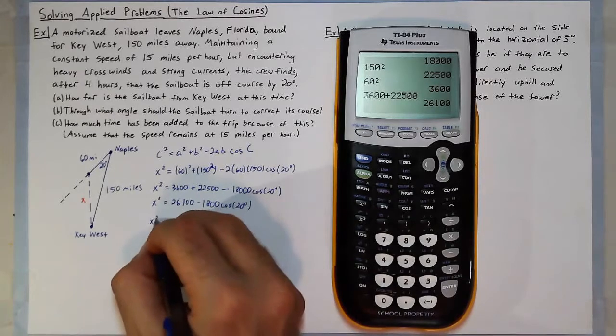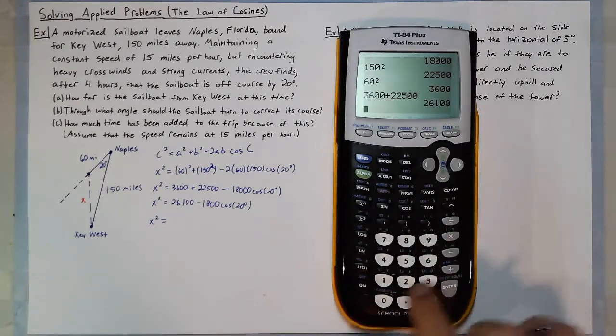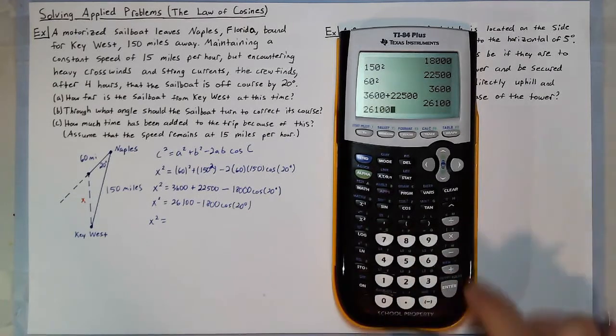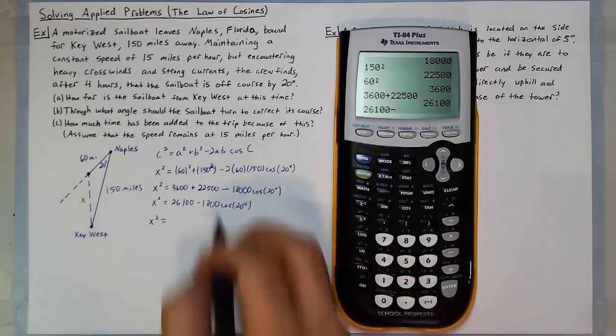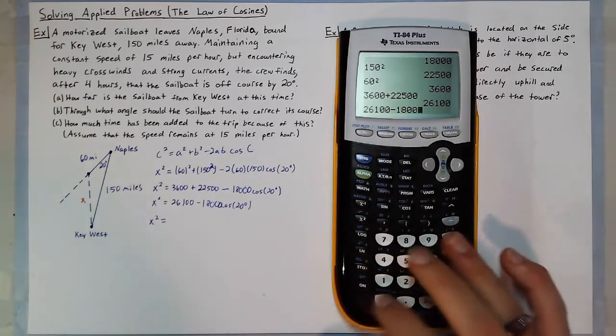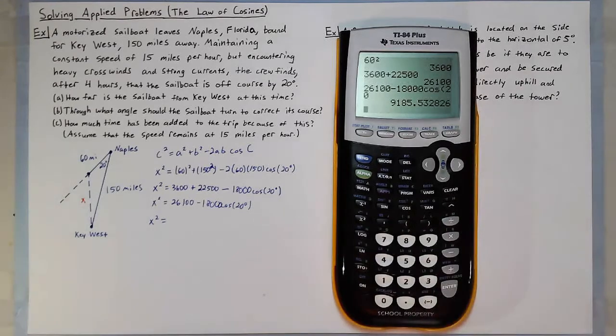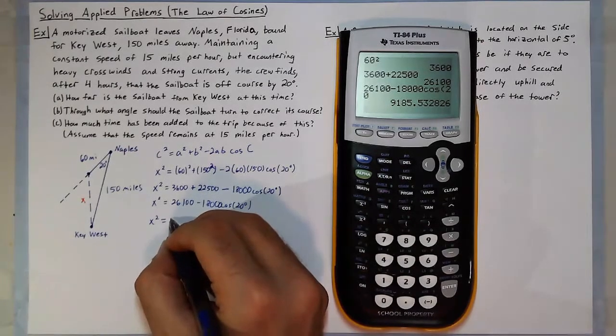which gives me x squared is equal to 26,100 minus 18,000, not 1,800, cosine of 20 degrees, giving me 9,185.53.